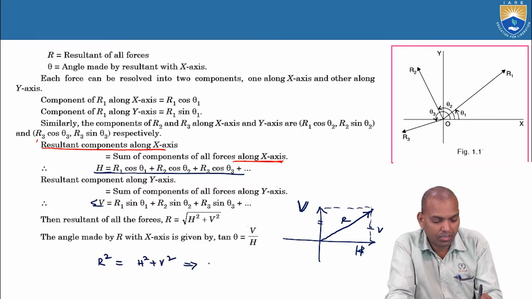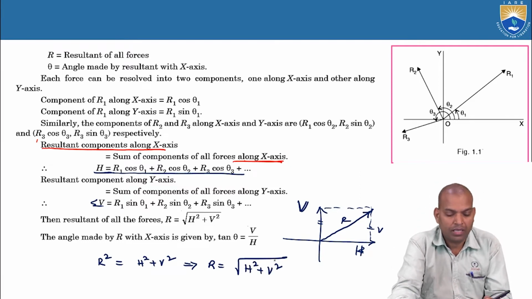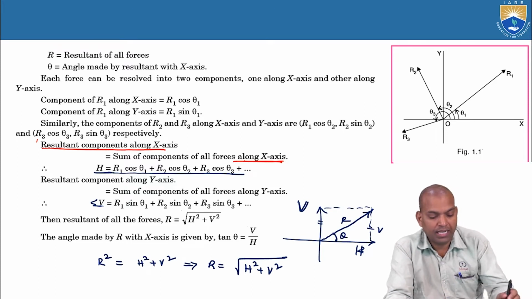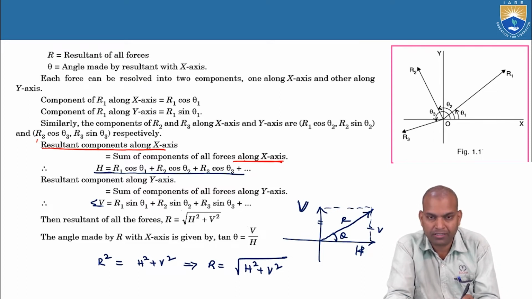From this, R equals the square root of h square plus v square. Now the angle made here is theta. From this right angle triangle, tan theta equals v by h.